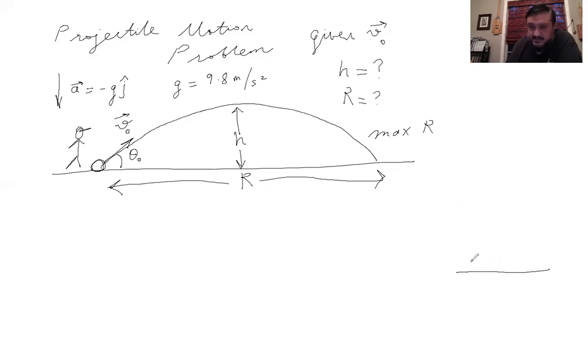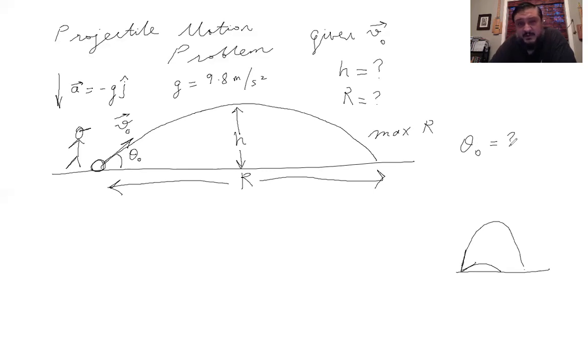For instance, kick it like this, or like that. Obviously, the initial angle will determine how far it'll land. So what's the optimum angle, the angle that will maximize R? That's part of our problem.